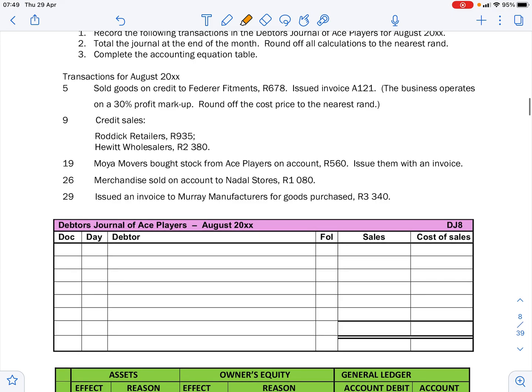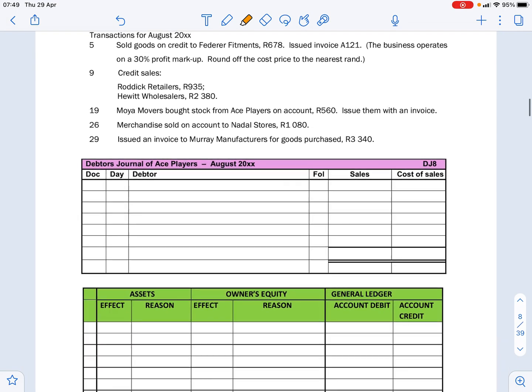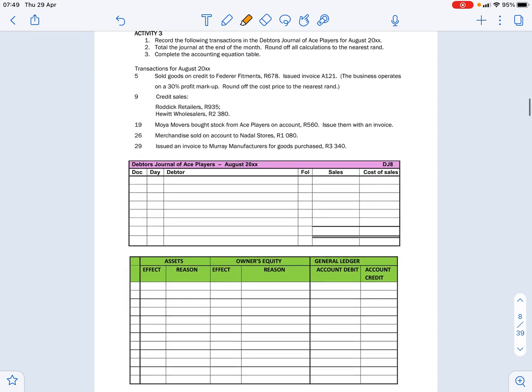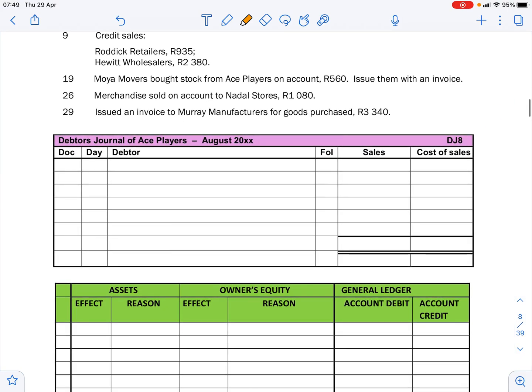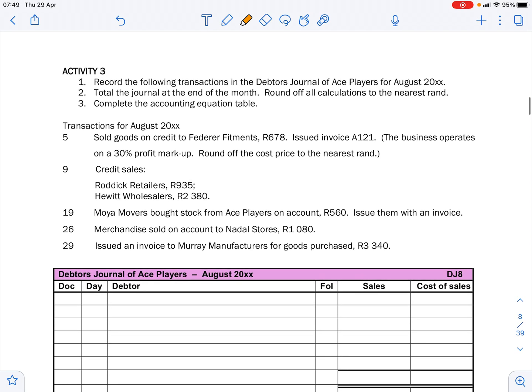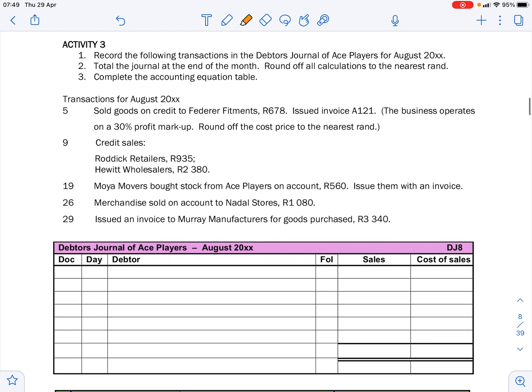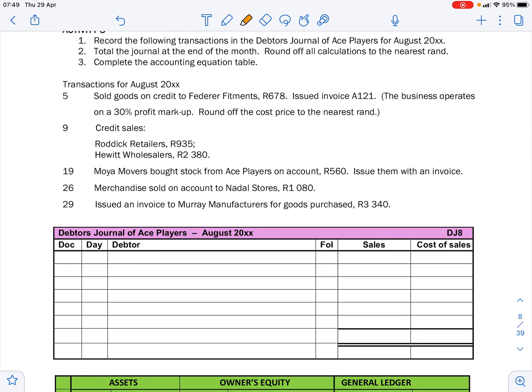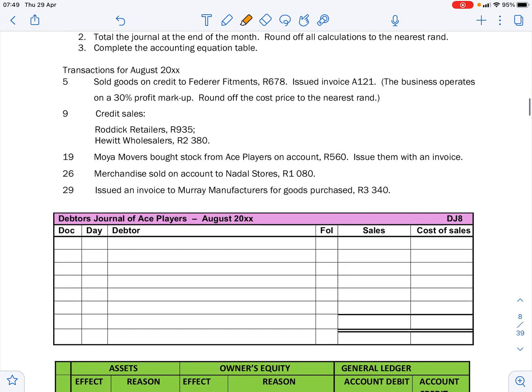If we have a look at activity 3, and I'll complete this one with you guys. Okay. They tell us record the following transactions in the debtors journal of ACE players, total the journal at the end of the month, and round off all calculations to the nearest Rand. Complete the accounting equation table.